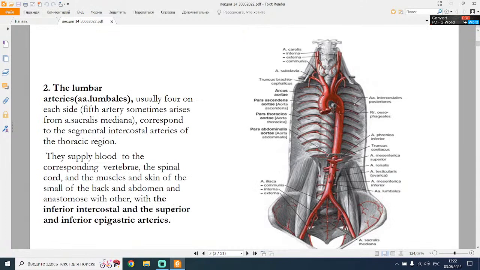Next artery, arteria lumbalis, usually four on each side. A fifth artery sometimes arises from arteria sacralis mediana. They correspond to the segmental intercostal arteries of the thoracic region.